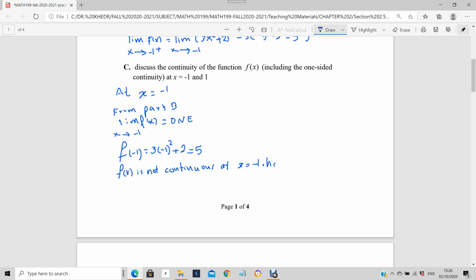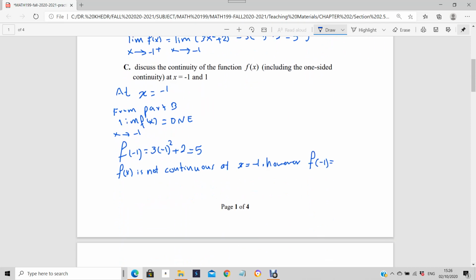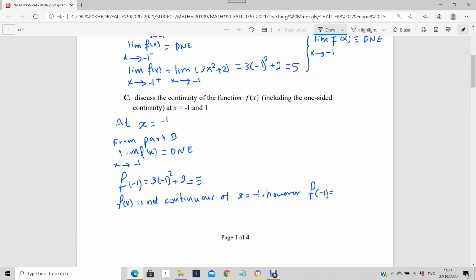However, the value of the function is equivalent to the right side limit, because if you go back to part B here, see the right side limit here is equivalent to 5, which is equivalent to the value of the function. So this is equivalent to the right side limit.